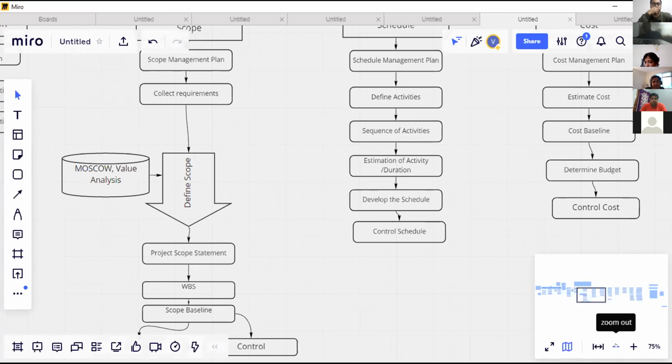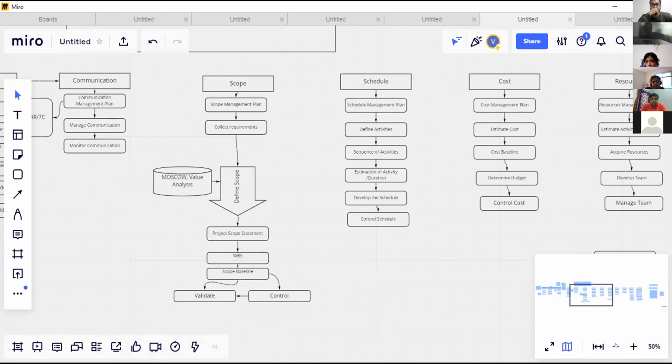On the basis of this, the project scope statement will be developed. On the basis of this project scope statement, we will make work breakdown structures. With the help of these work breakdown structures, we'll make the scope baseline. And on the basis of the scope baseline, we'll validate and control the scope.